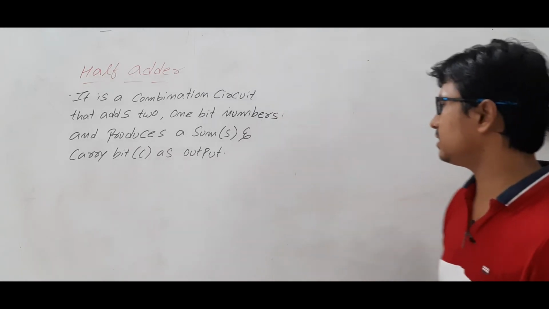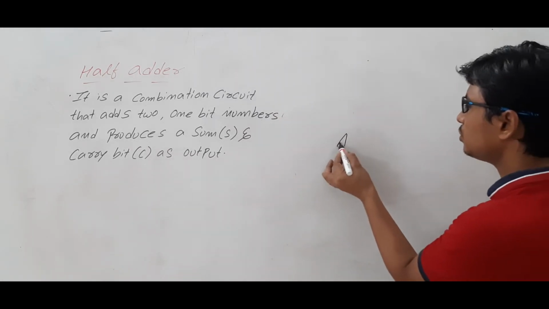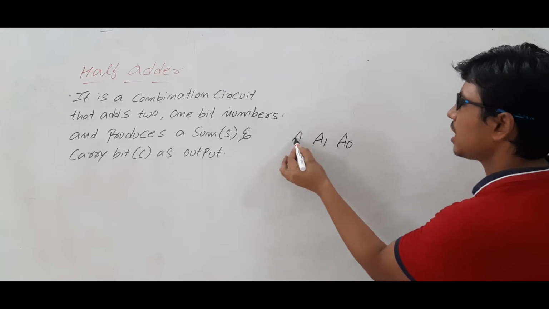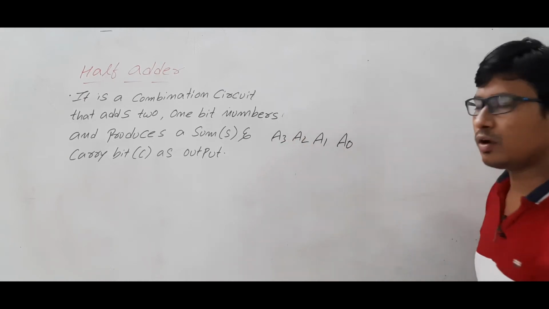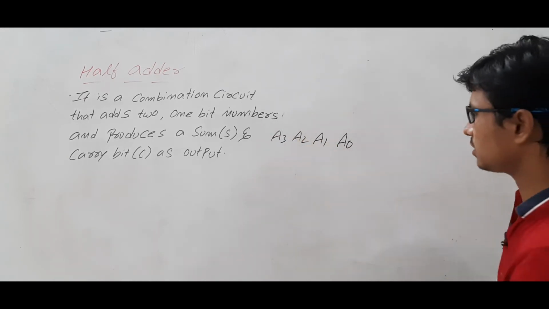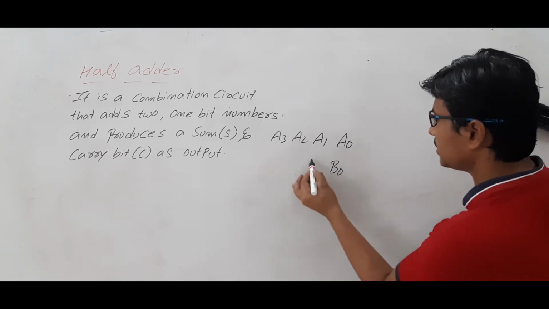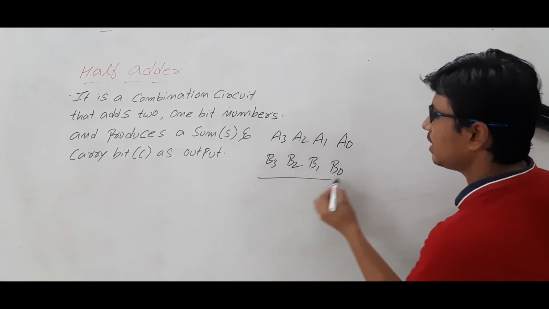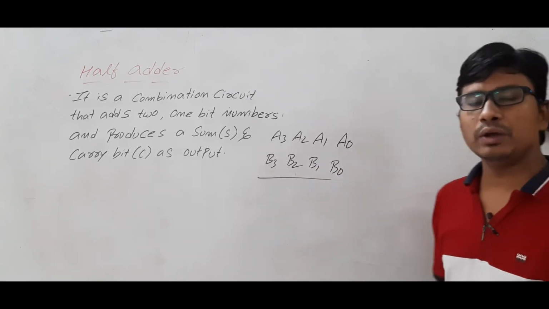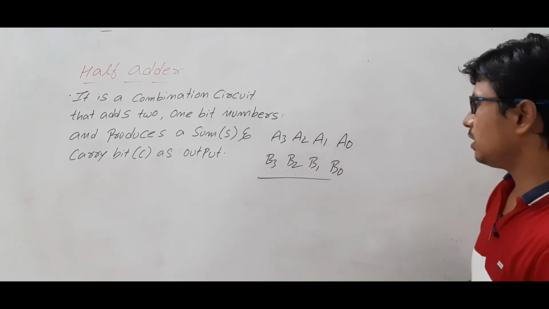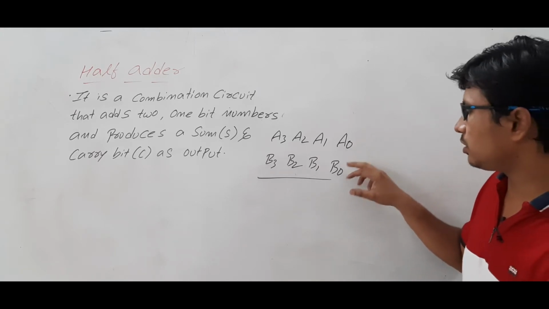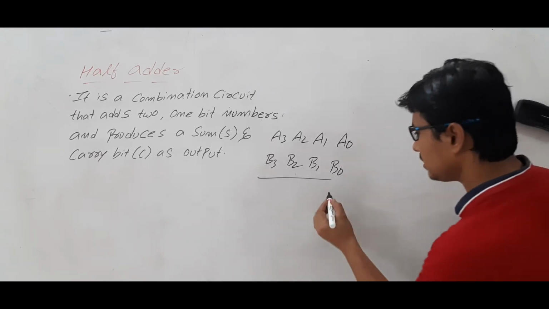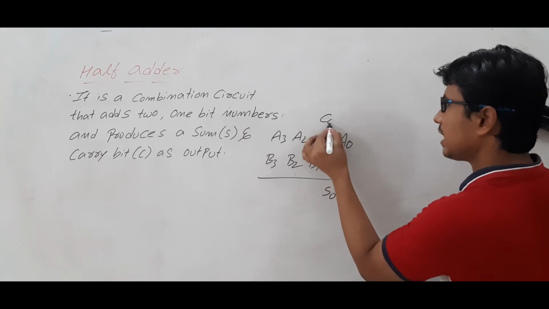Suppose I am taking two binary numbers which have 4 bits. A0, A1, A2, A3 are the 4-bit binary number. Similarly, B0, B1, B2 and B3 are the 4-bit binary number. Now I want to perform the addition. While performing the addition of A0 and B0, I will get the sum and then the carry.